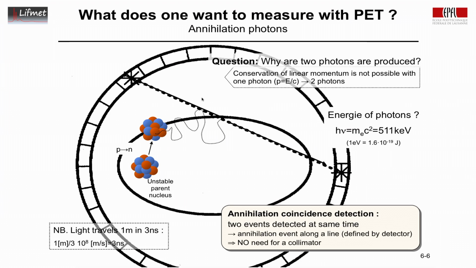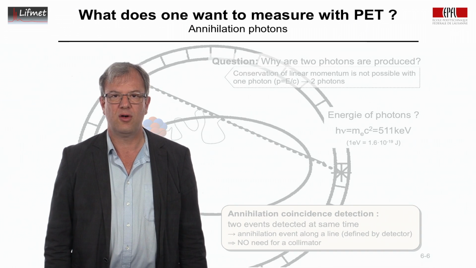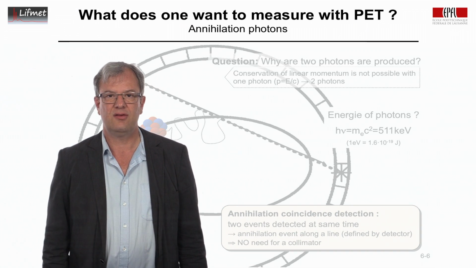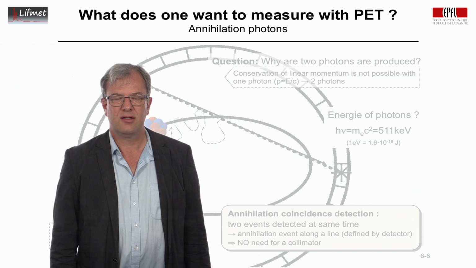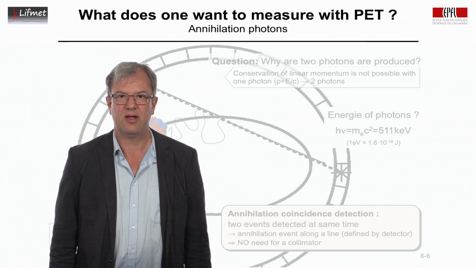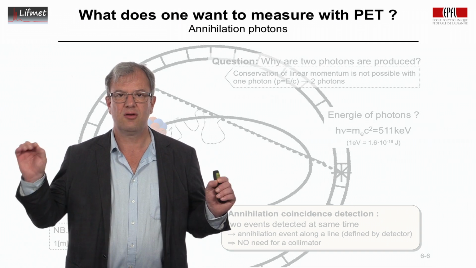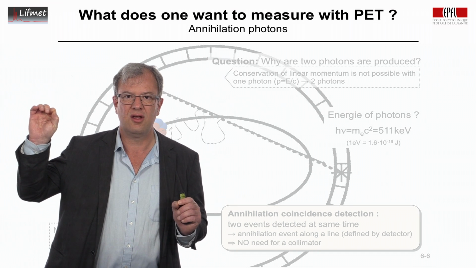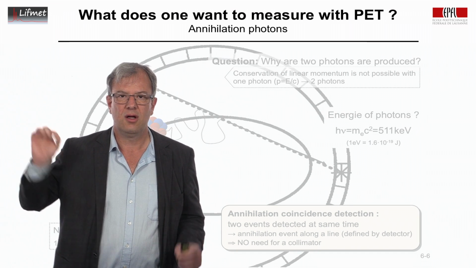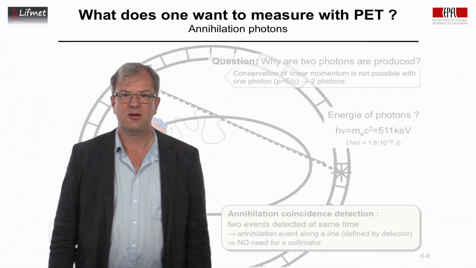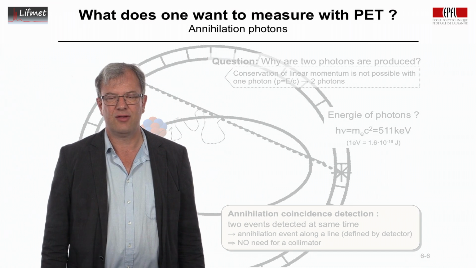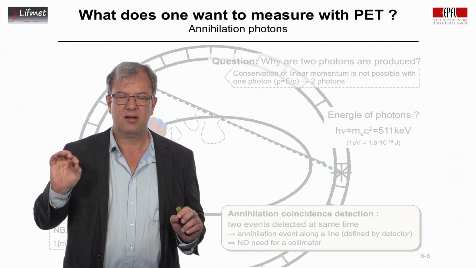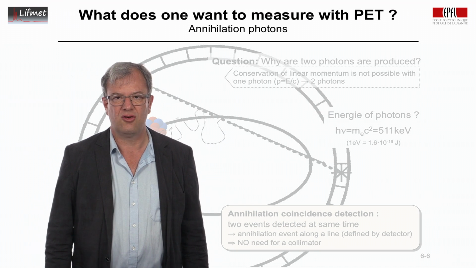Moreover, we do not need a collimator. So for positron emission tomography, there's the difference between SPECT and positron emission tomography. Due to the fact of annihilation coincidence detection on the two sides, we do not need to have a collimator to establish the directionality of the X-ray. This is done by the coincidence detection process.